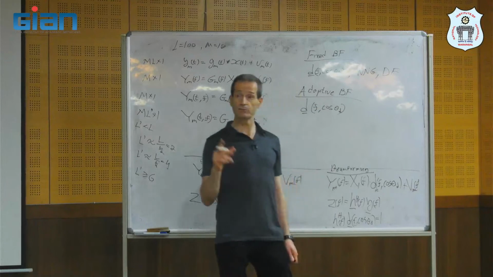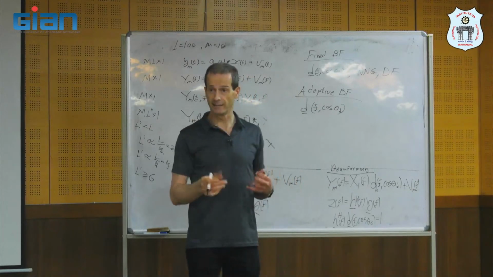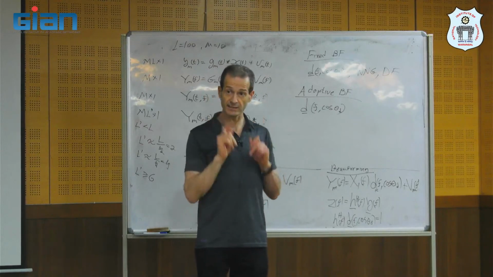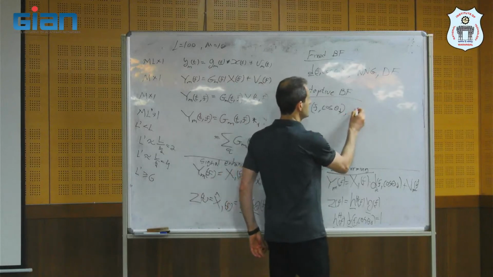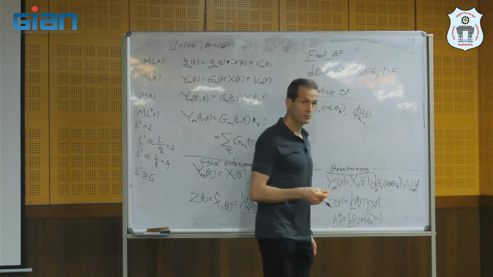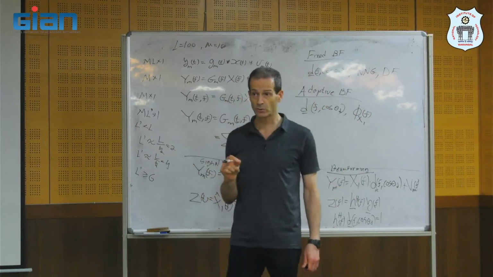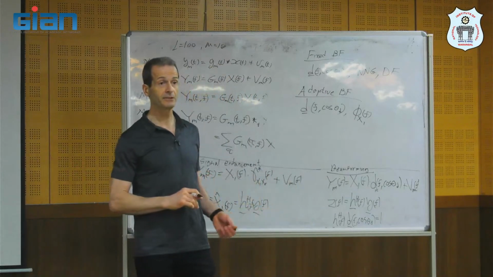I also maybe have information about the signal, the desired source. So sometimes I also know the variance of x1. I know the variance of the desired source in the reference channel. It's very nice information that I can use.